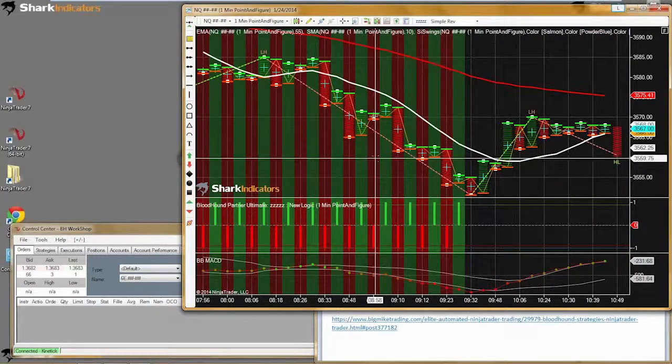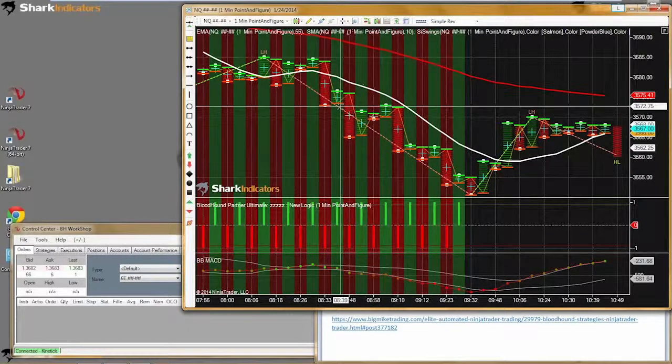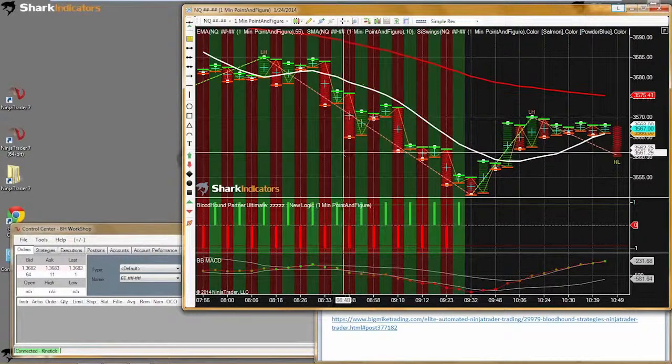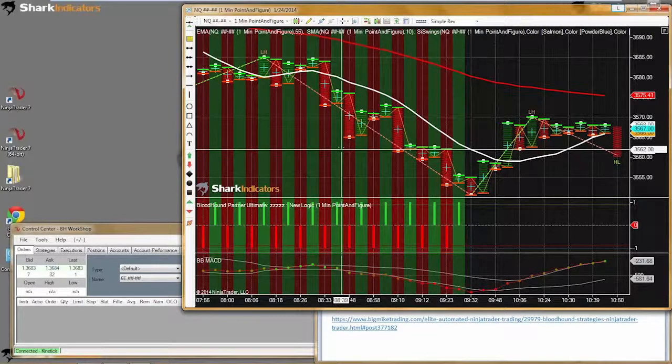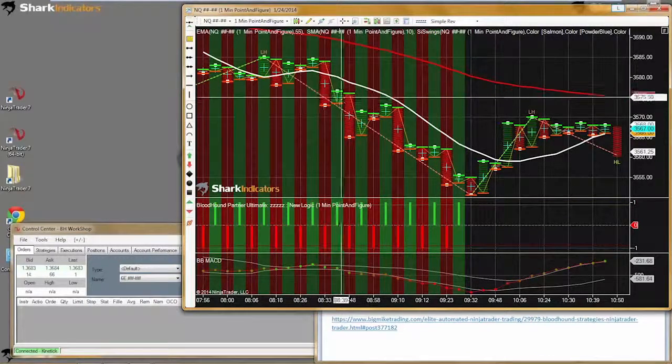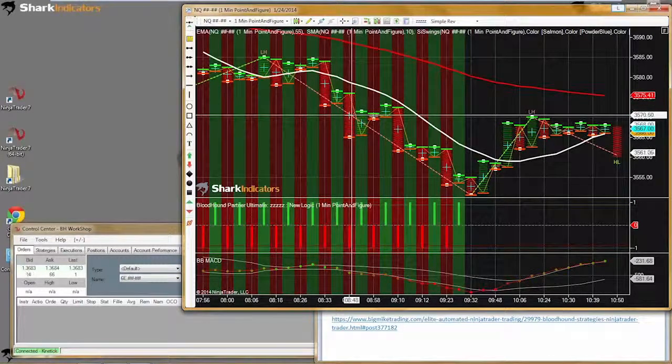However, some people's systems may not work with a point-and-figure type chart. A lot of vendors are selling trading signals, special indicators, and the calculations behind their indicator may only work reliably with certain bar types, such as a range bar, whereas their system may not work on a minute bar.